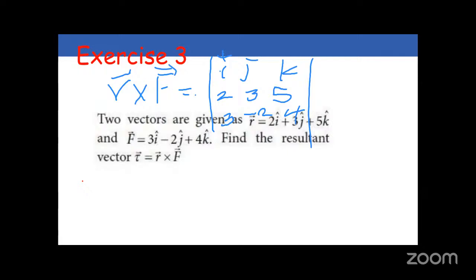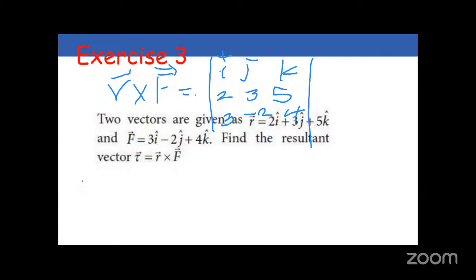So this is a cross product, a vector multiplication, and the outcome will give us a vector.